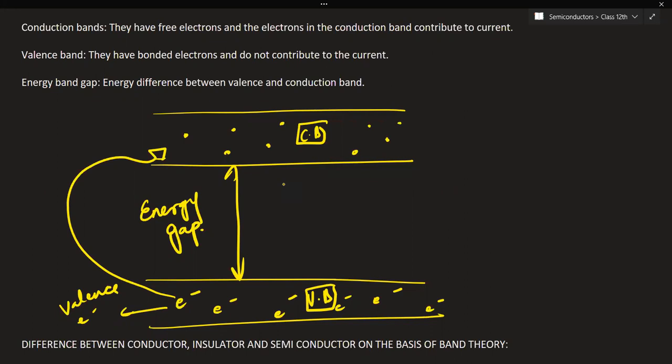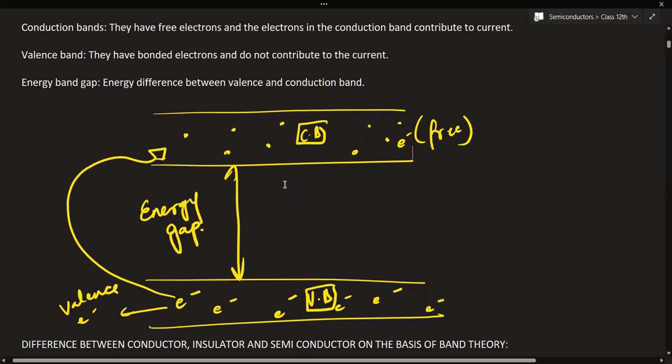So the conduction band has free electrons, available for conduction to occur. Understood? Based on certain properties of this energy gap, this is also known as the valence bond model.